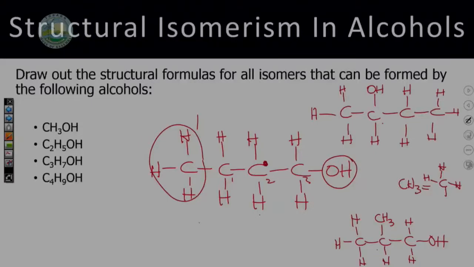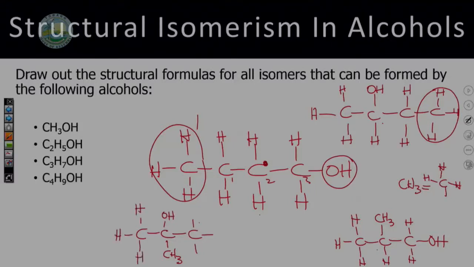But just for time's sake, I am going to just take this second compound, and instead I'm going to move this carbon here, and I'm going to form another isomer. So I'm going to have 3 carbons, 1, 2, 3, okay? And I'm going to move that carbon to the adjacent carbon, which I'm going to put here, CH3. And I'm going to have my OH connected to that carbon.